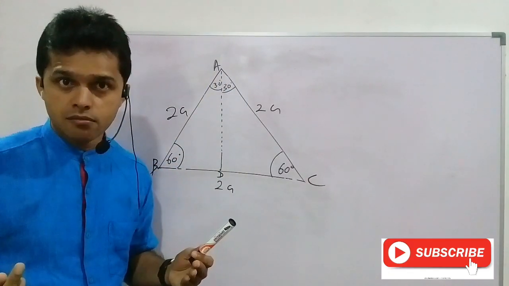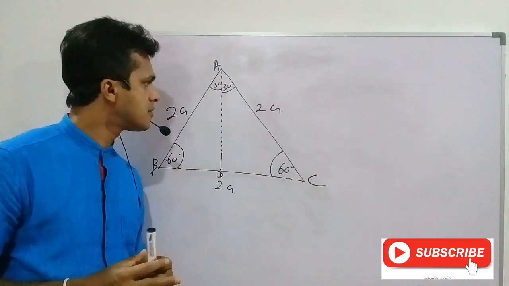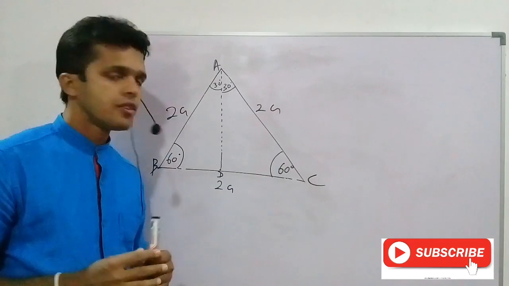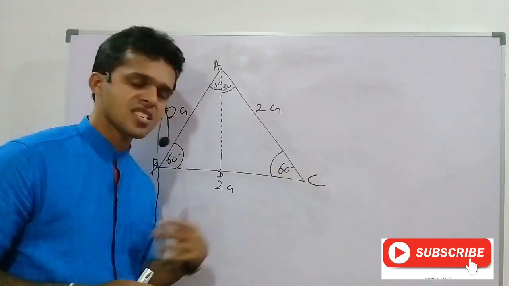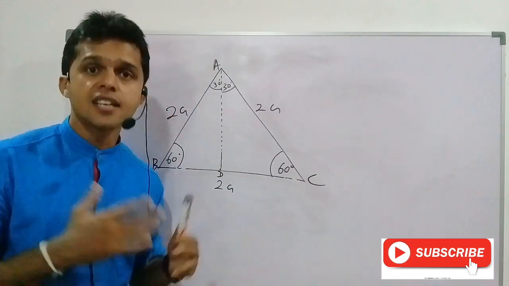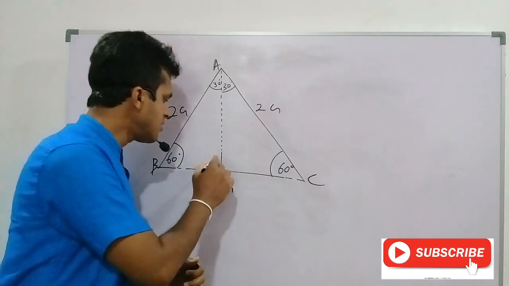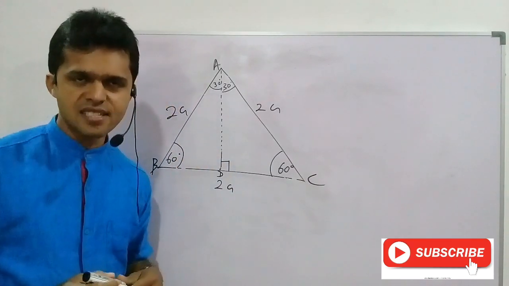Can you imagine the value of the angle ADC? You could see this is 30, this is 60. 30 plus 60, what is 30 plus 60? 90. What is the value of this angle? This should be 90, isn't it?